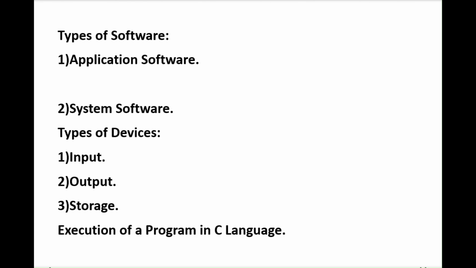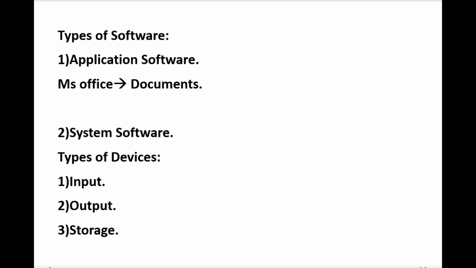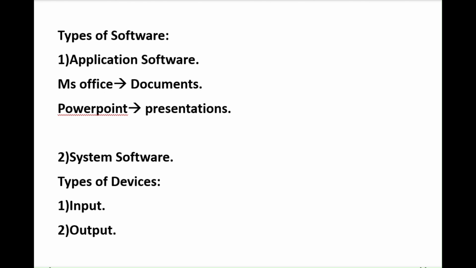The application software are applications we get in our desktop or PC or our laptop, like MS Office, which we use for documents, and another one, PowerPoint, which we use for presentations, Tally for calculations, etc. These application softwares are applications which we use for doing certain tasks.